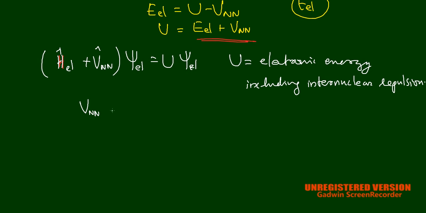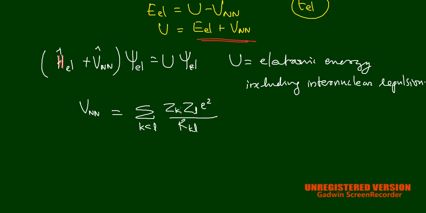to sigma. You know this, sigma k less than L. We already wrote it, k less than L, and then Zk ZL e square divided by RKL. I hope you remember this.